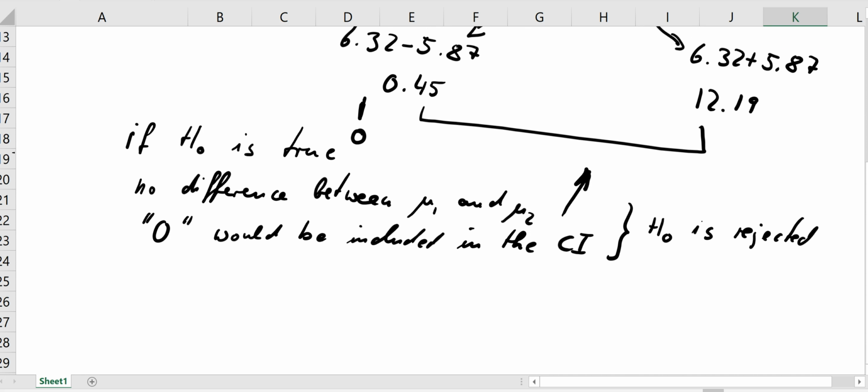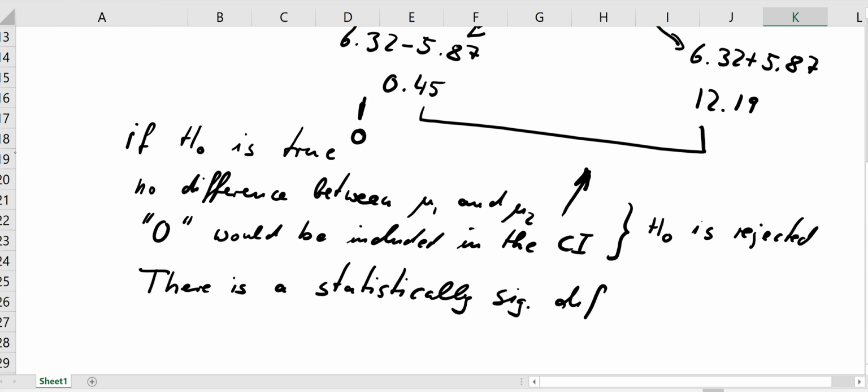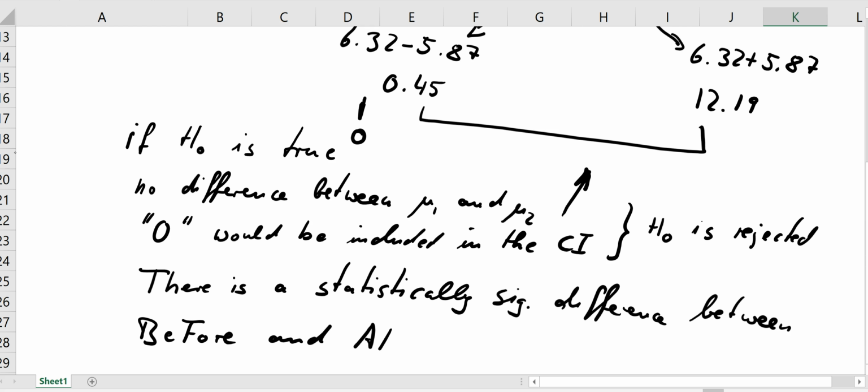And this means that there is a statistically significant difference between the before and after treatment. So we can say the drug does something, although in this case we have not tested if it lowers or increases the blood pressure.